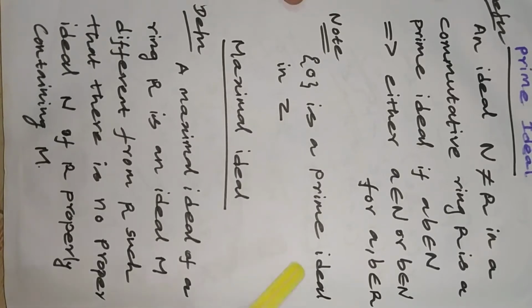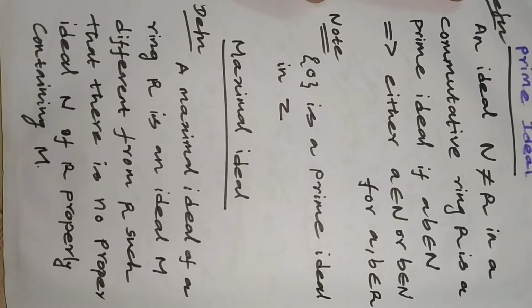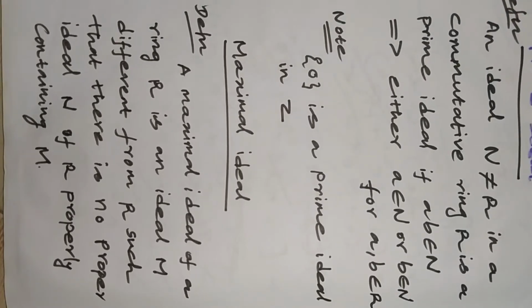So now we have seen the definitions. Even though we have seen the definitions, it is best if we take problems, then you can understand very easily, I think so.